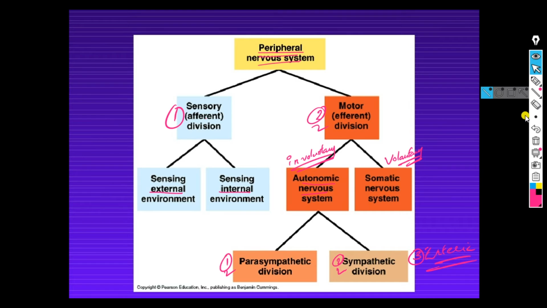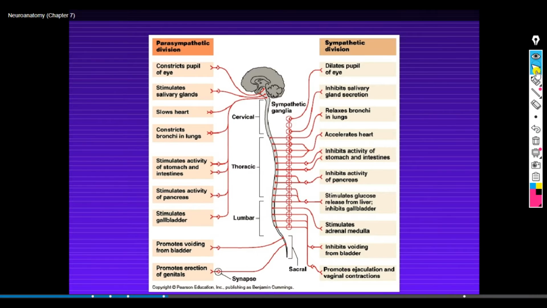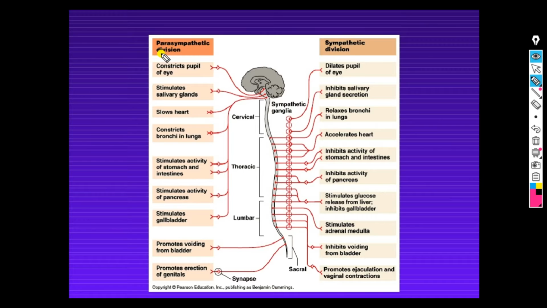The parasympathetic division helps in constriction of the pupils of the eye, the constriction of the smooth muscle, that is sphincter pupillae, and stimulates the salivary gland. We can write that it promotes secretions of the gland.